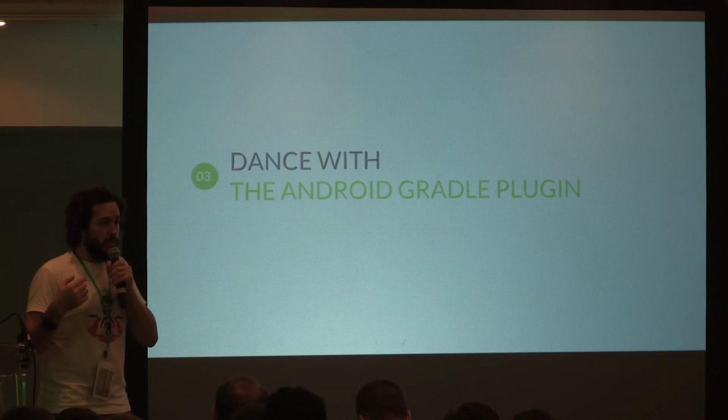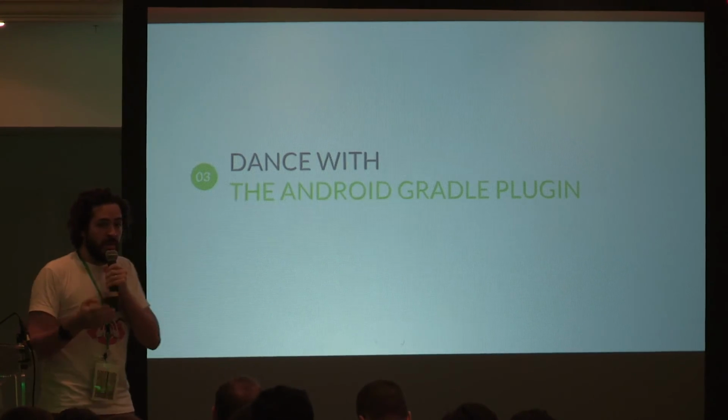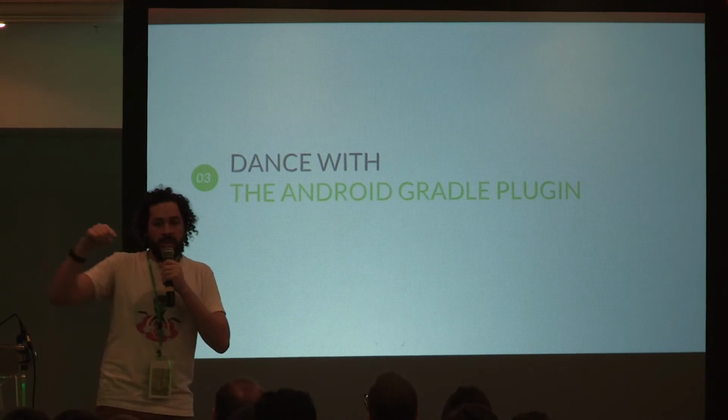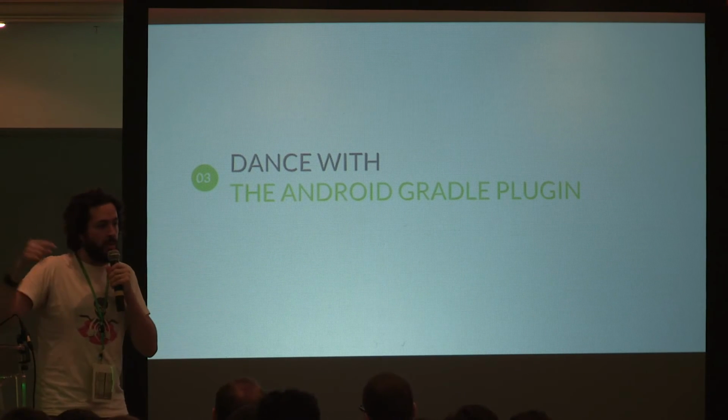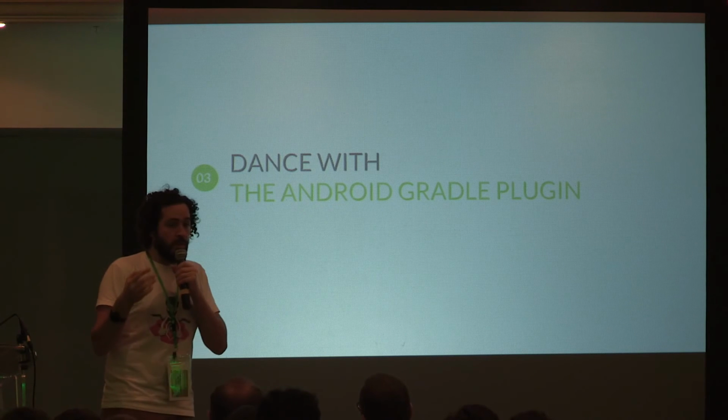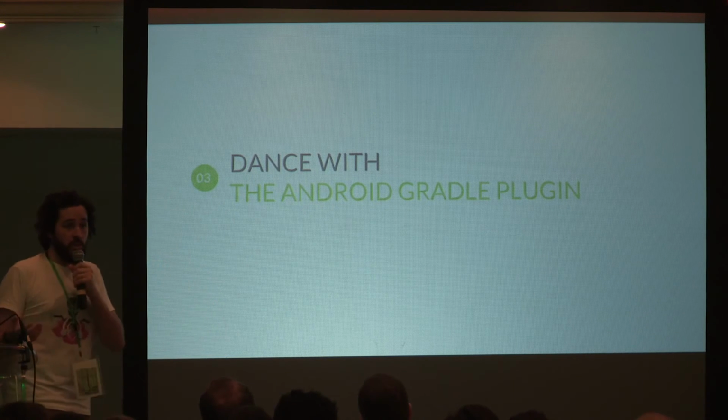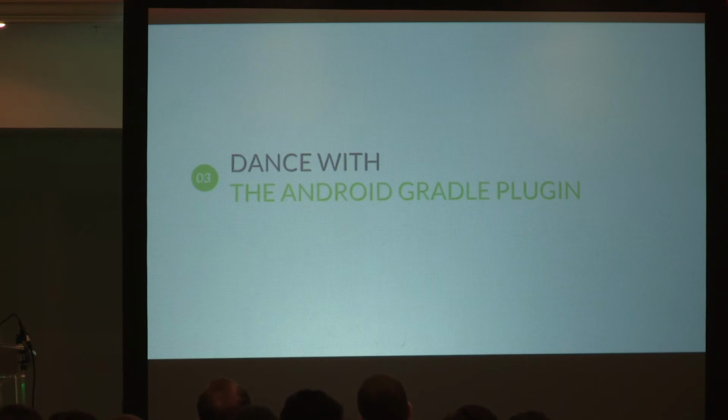What we want to do is to inject our task into the connected Android test task run, because we want to run our devices right before the instrumentation test launches. So we have to inject our task into the task graph that is created partly by the Android plugin, right?